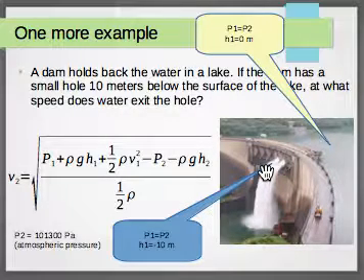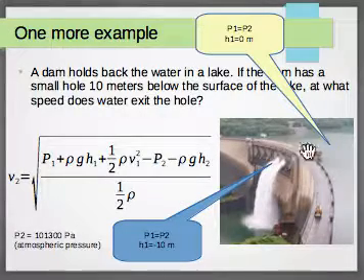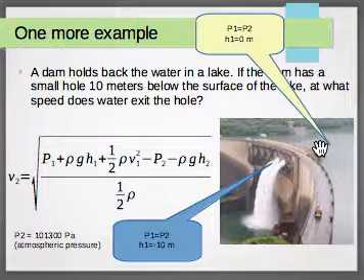Or if you want to see it in another way, maybe this could be your 0 meters and the top part could be 10 meters. It's going to give you the same result, because as I had said before, it's all relative.